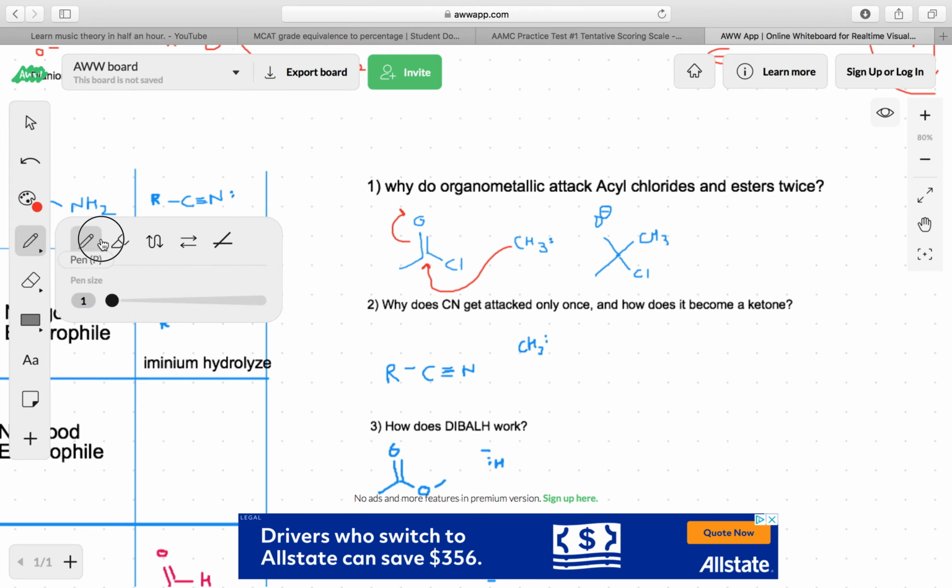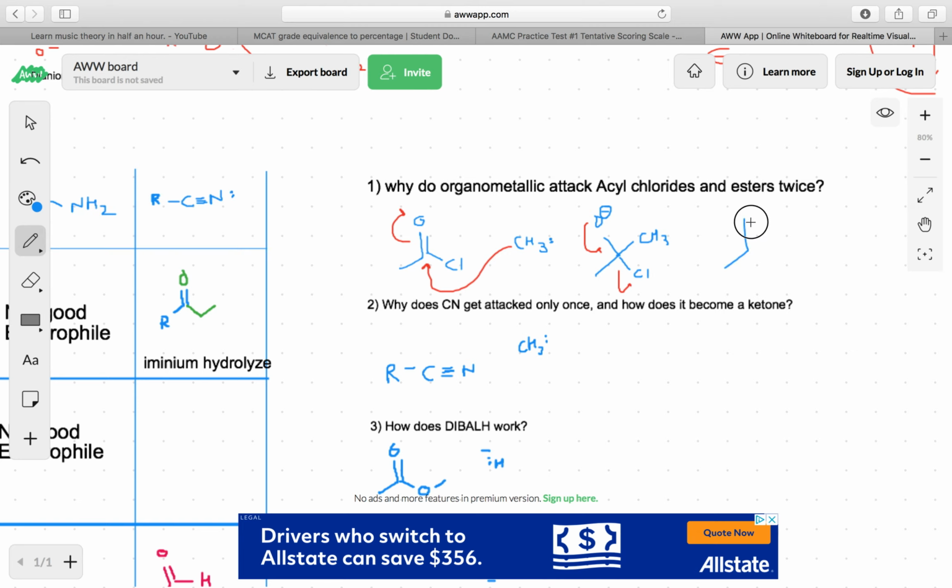So let's allow that to happen. So you created your acetone, and you have Cl- on the side. But now, let's hold up. We also still have some Grignards floating around in solution. Can it attack it a second time?